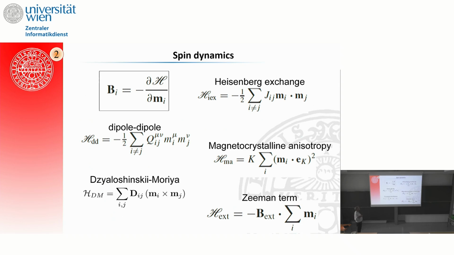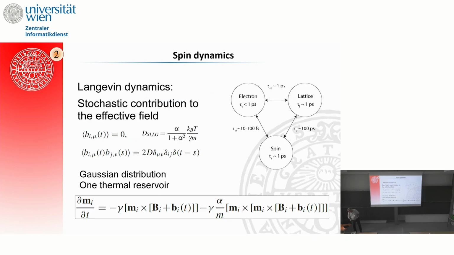But if you want to, you can add the dipole interaction, magnetic crystalline anisotropy, Dzyaloshinskii-Moriya, Zeeman term. Temperature enters these equations in the form of Langevin dynamics, and so that means that you have a little stochastic field of Gaussian form. It averages out to zero, but it can fluctuate a little bit, pushing on the moment in different directions, and that is proportional to the temperature that the system is in. So you end up with this general equation.